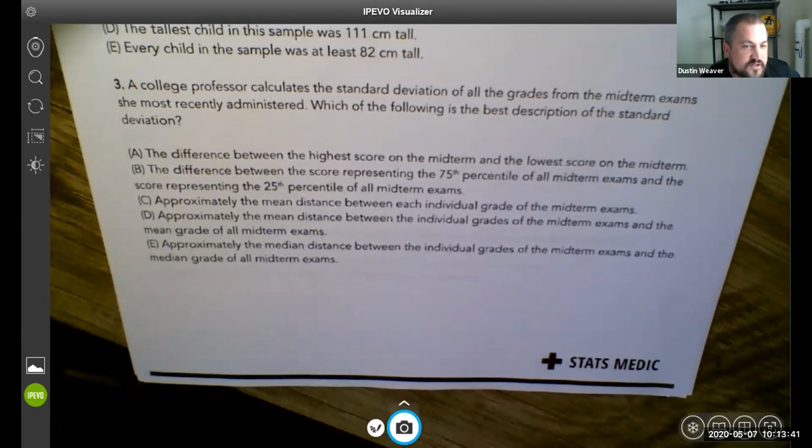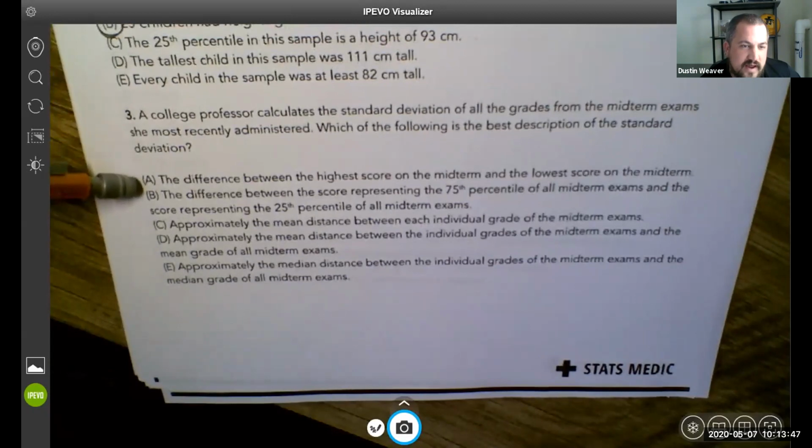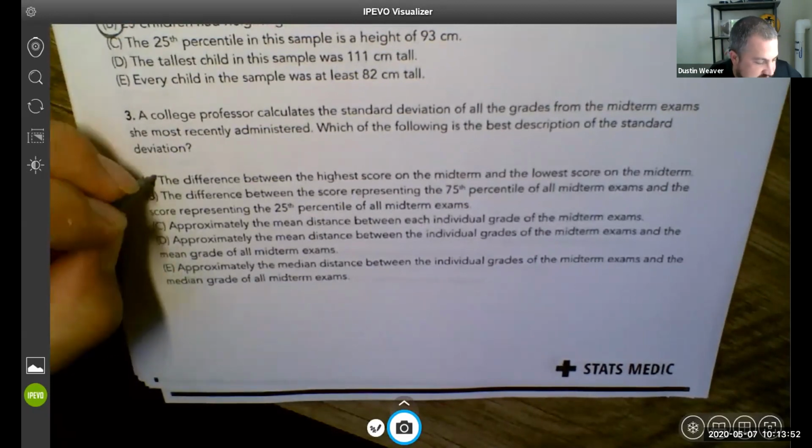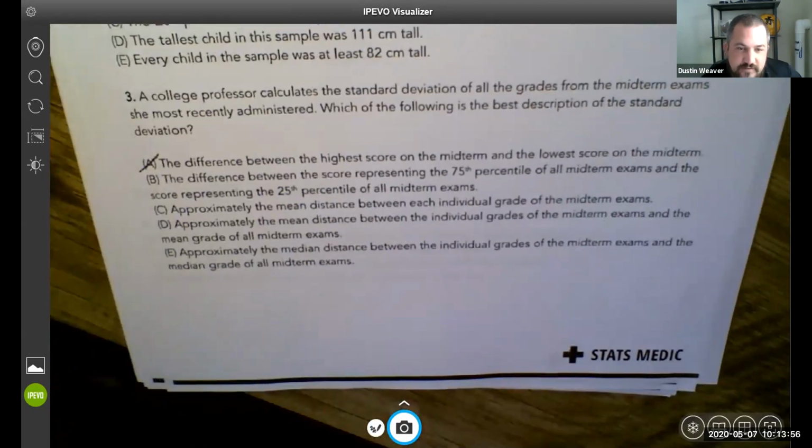So A says the difference between the highest score on the midterm and the lowest score on the midterm. That would actually be your range. So obviously A is one that we can mark off really quickly. B says the difference between the score representing the 75th percentile and the score representing the 25th percentile.